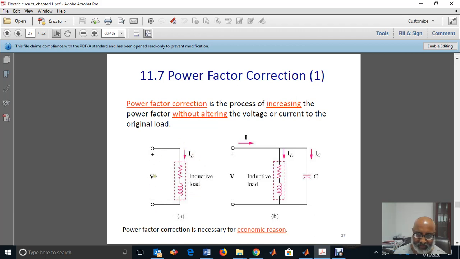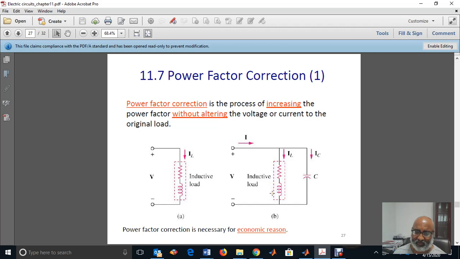So without changing this voltage, we apply a parallel load capacitor, a capacitive load here, to correct the power factor. That means to increase the power factor. Increasing the power factor means increasing the value of cosine of theta V minus theta I. Remember, the angle between V and I, cosine of theta V minus theta I.